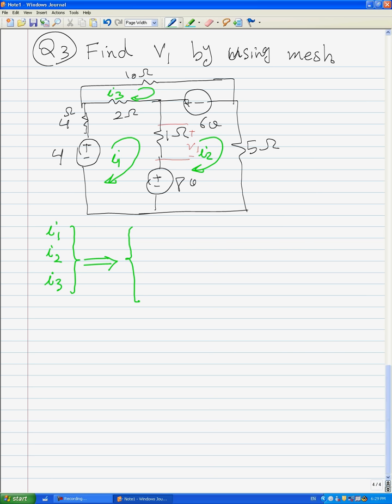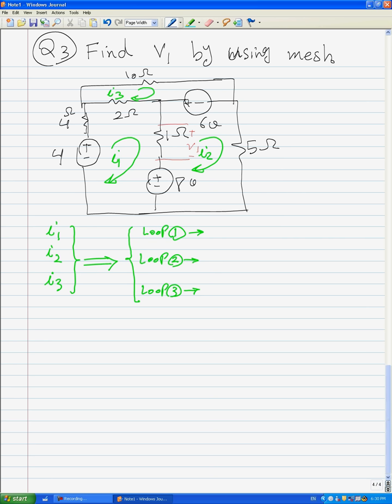How can we find 3 equations? By applying the mesh method in each loop: loop 1, loop 2, and loop 3. Each loop provides 1 equation, and in total we have 3 equations.